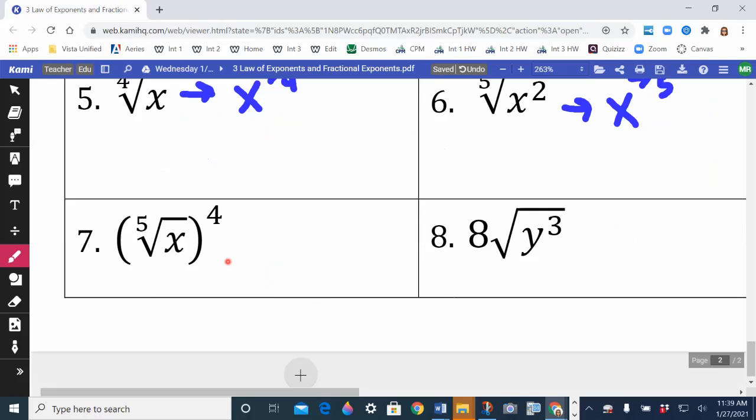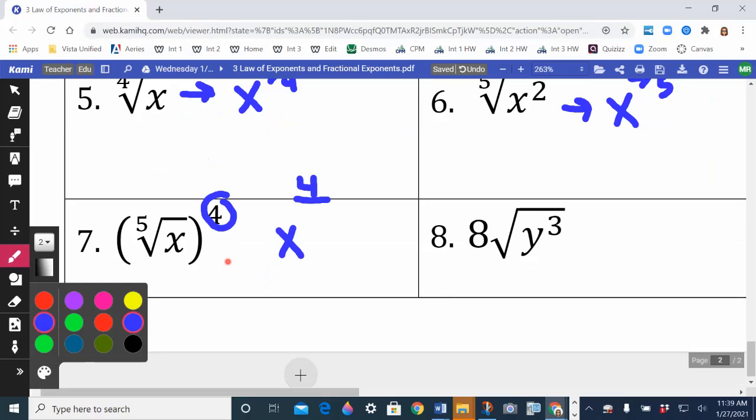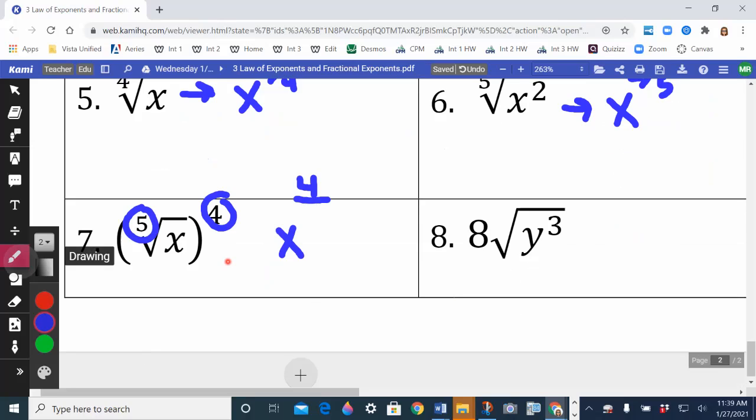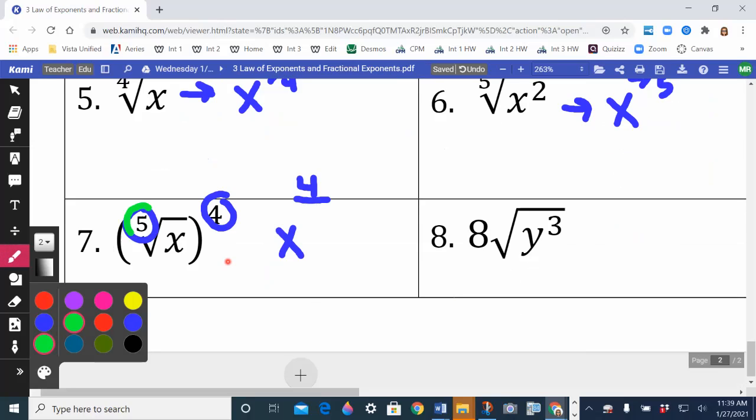Number 7, I am going to take x. The 4 is going to be my numerator. The 5, whoops, I need to change the color. The 5 is going to be my denominator. So it's x to the 4/5.